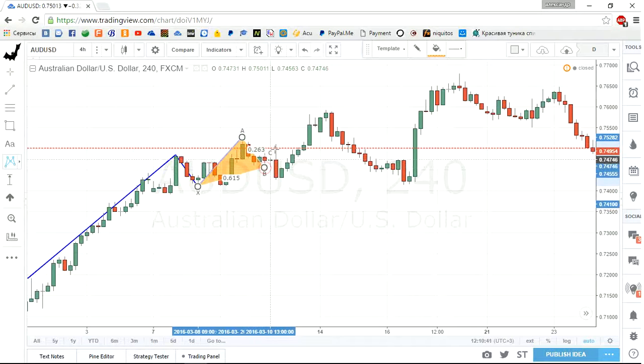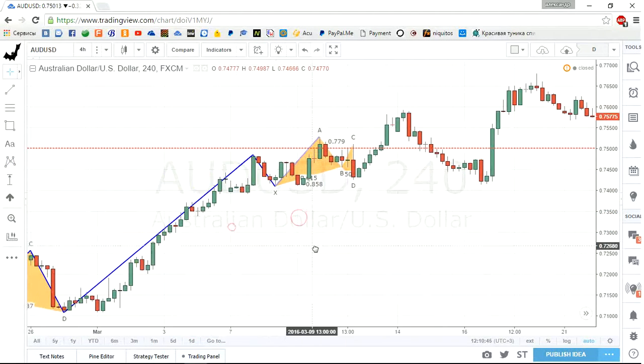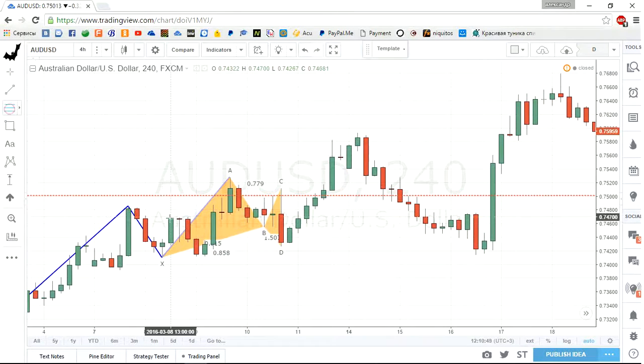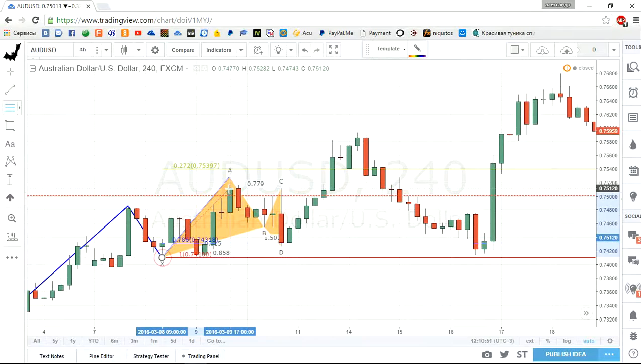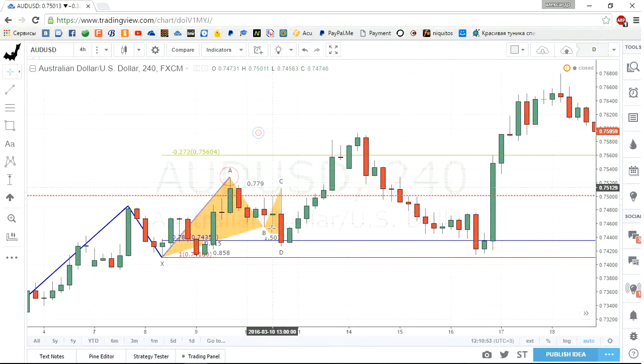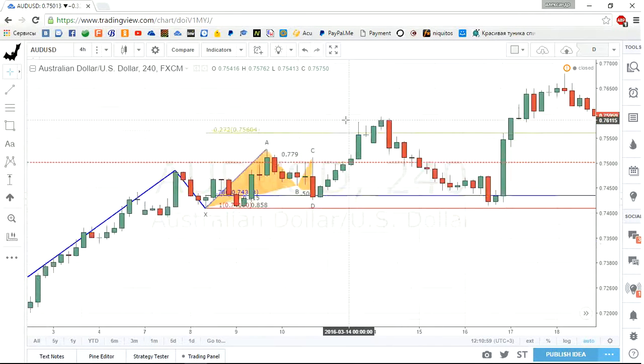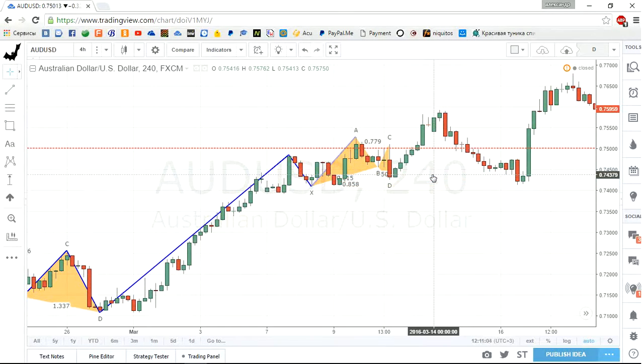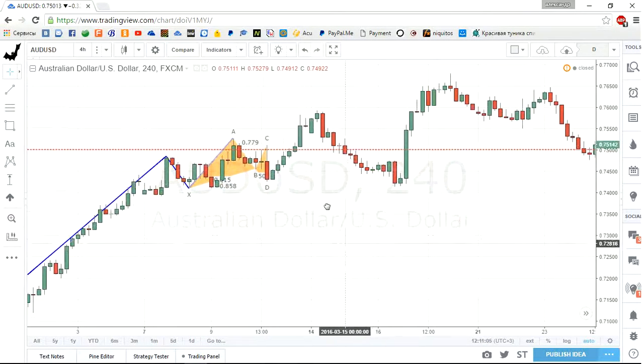You take this, this and this, and we see this XABCD pattern working extremely well. The stop loss is here, entry is 786, and the target is 127 extension. Let me delete this Fibonacci. Going the same way, what was it?